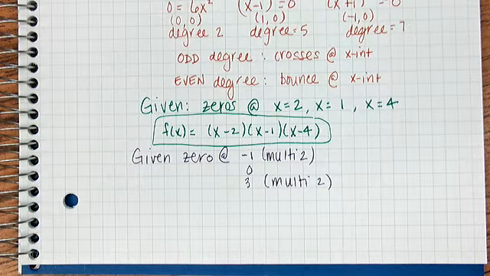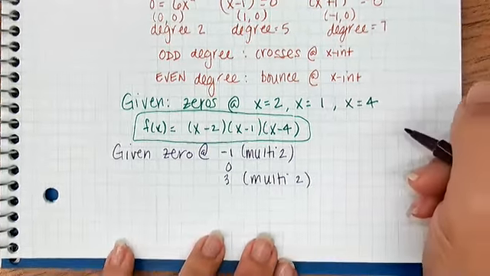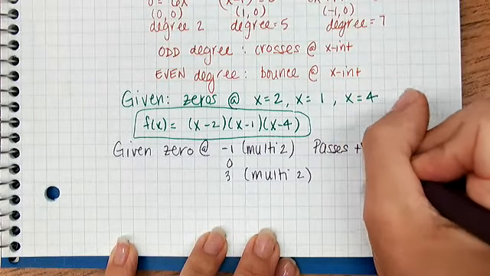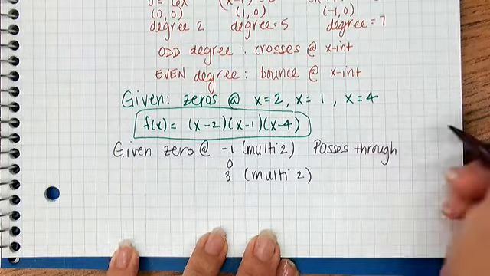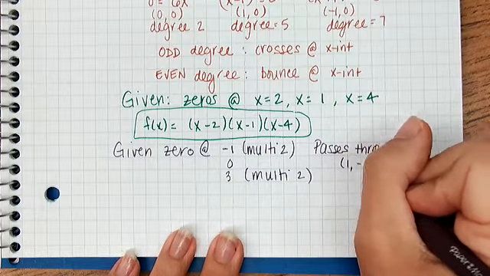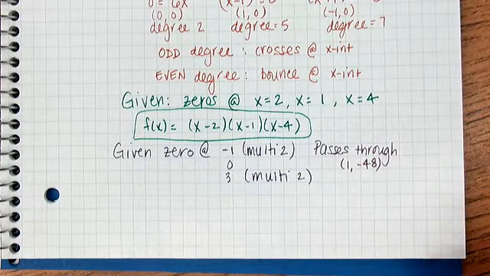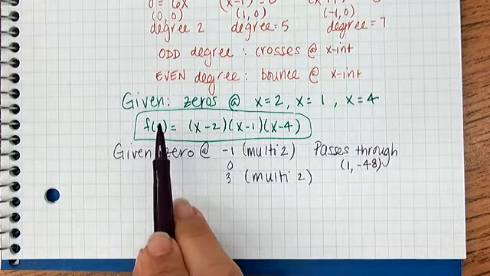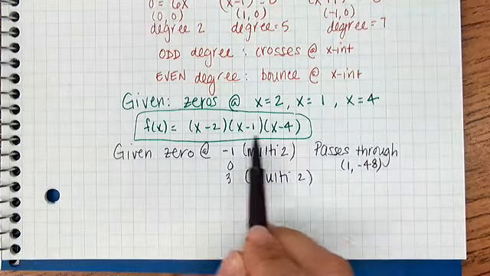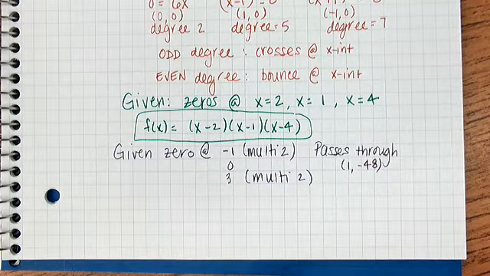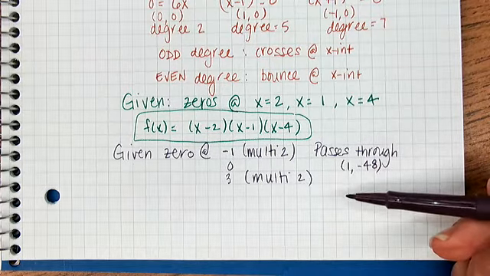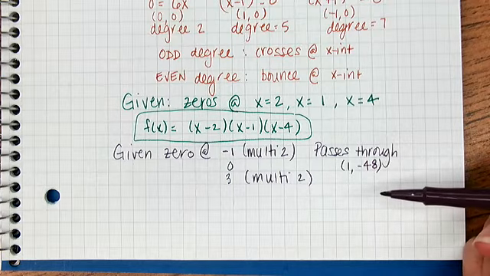But now I'm telling you that it passes through a specific point, 1, -48. In the previous example, we said a was 1, and I didn't tell you that it went through a specific point. We just said this is the generic equation. It might go through different points, but really all I care about are the zeros. Now I'm telling you we have zeros, x-intercepts, and it also goes through the point 1, -48.